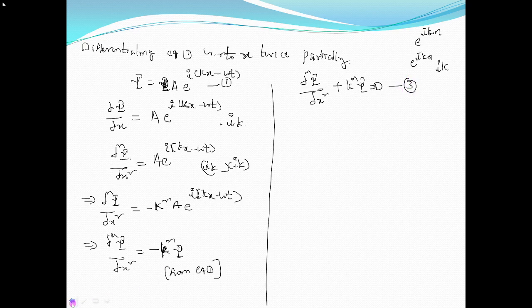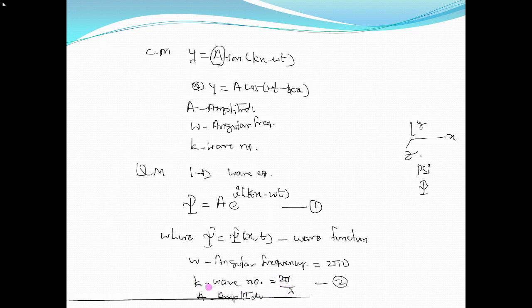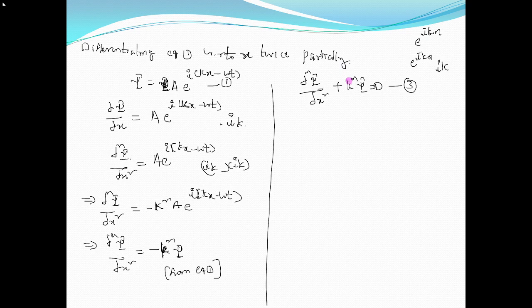Now, what is equation number 2? Wave number, which is equal to 2 pi by lambda. So, what I'll do? I'll substitute in place of k, 2 pi by lambda. We'll substitute 2 in 3.